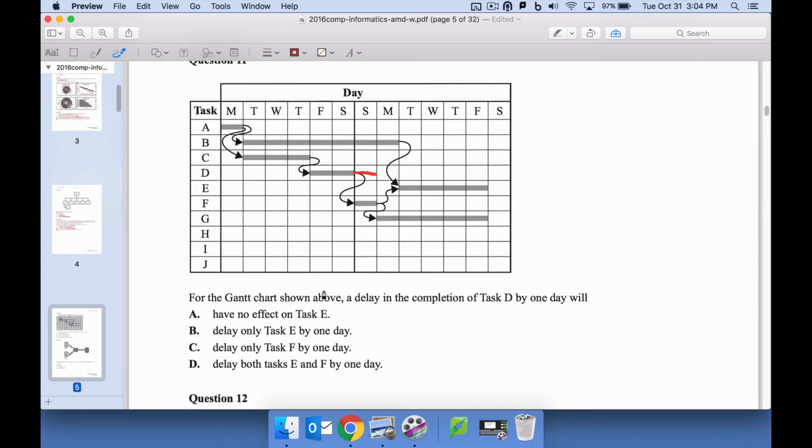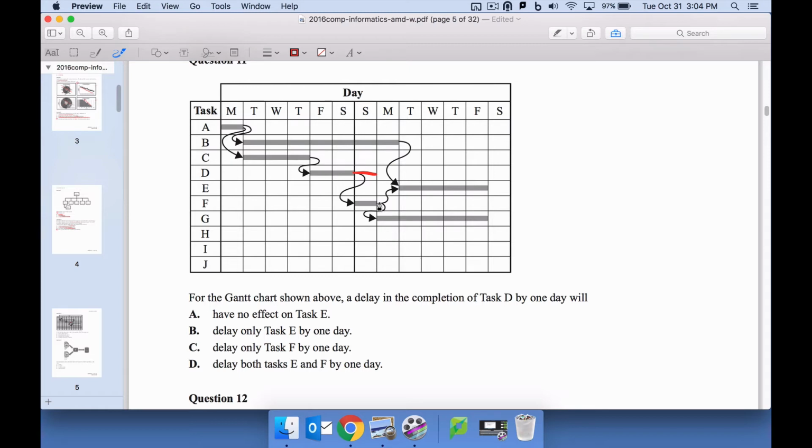Let's make the assumption, because we haven't been told anything about if they work on Saturday or Sunday, let's just assume that they are. So that means there is a dependency. This line here means that D has to finish before F can start. So that means F can't start on Sunday because D has been pushed over to Sunday.